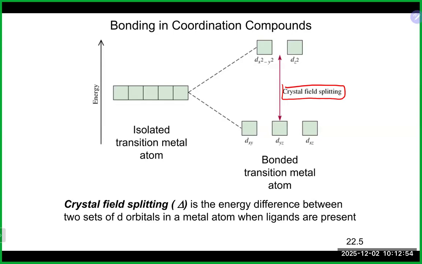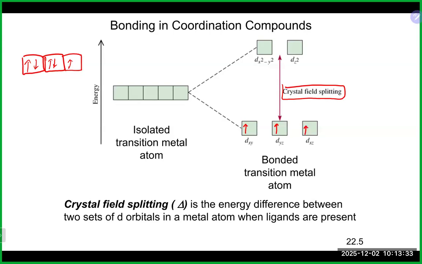Now, that is going to affect how electrons go in. As you remember, hopefully, if you have a subshell of orbitals, electrons go in one at a time, and then come back and start to pair up. We always fill electrons from lowest energy to highest, and that splitting can affect how the electrons will be placed. So if we fill electrons into these orbitals based on this splitting, the electrons would definitely go into the lower energy ones first.